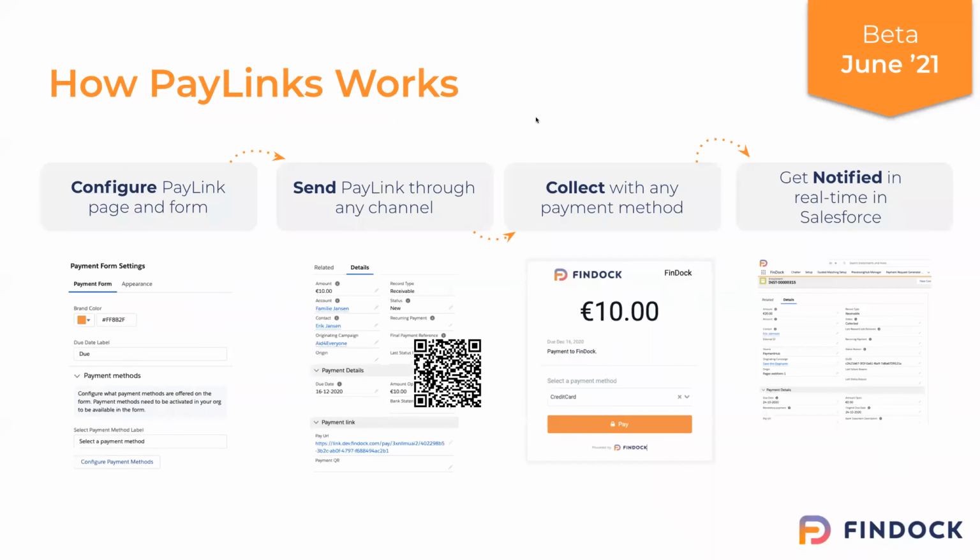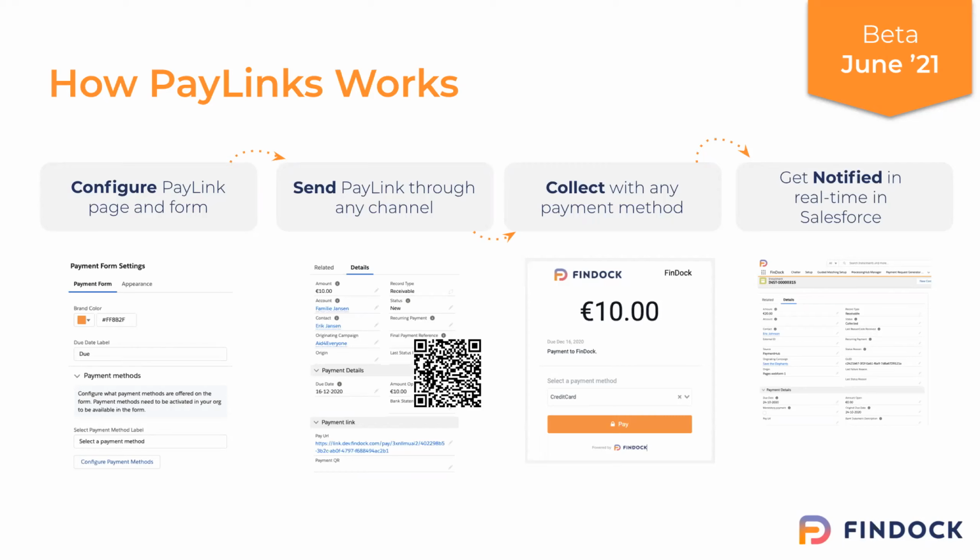Now, how this works is really easy. You need to configure it once. So there's a paylink builder that we will show you in a minute, where you can brand and customize the page to your liking. Then automatically, there's a field on the installment called Pay URL, which we now fill automatically with the FinDock PayLink.